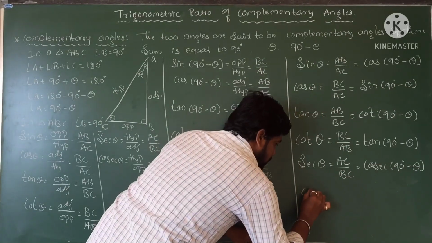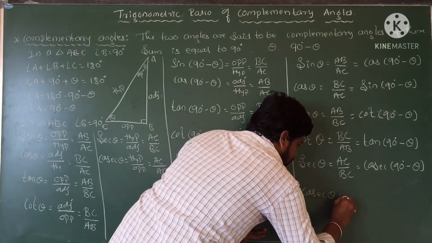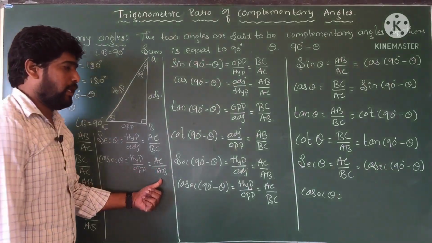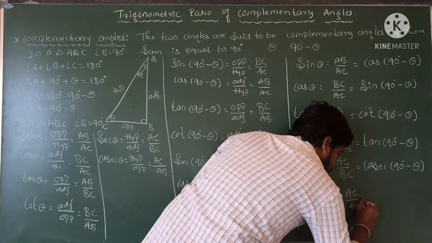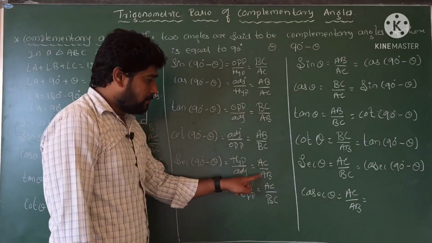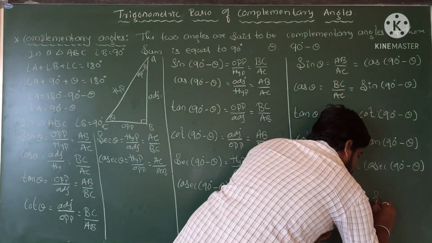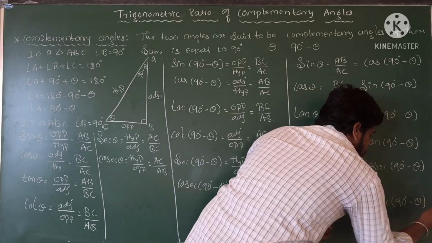So next I will consider cosec theta. Cosec theta is AC by AB. AC by AB we can write as sec 90 minus theta.